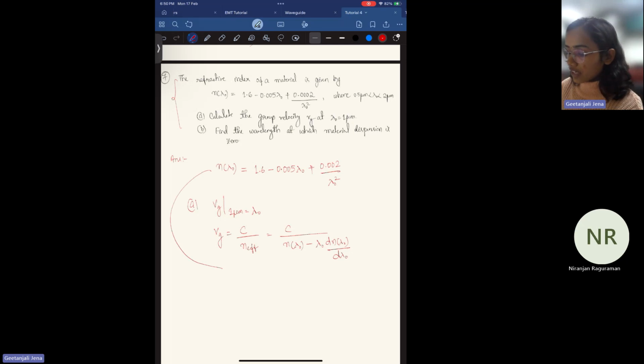So we have N of lambda 0, so that means dN over d lambda 0 will be minus 0.005 minus 0.004 over lambda 0 cube.